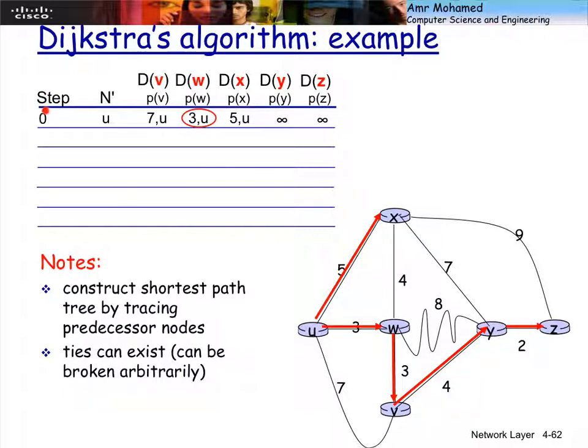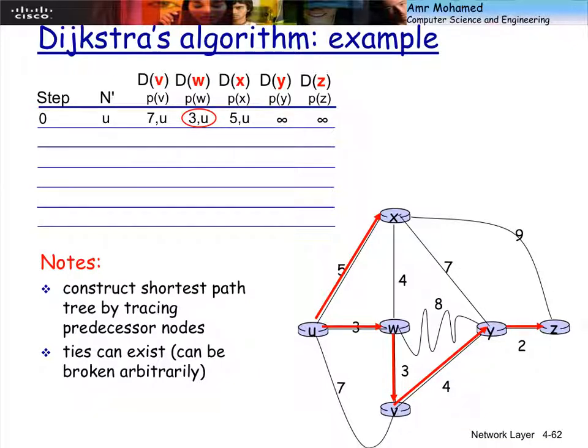So the way we do that is, at first step, as we said, for each node we always have D(V) and P(V). D(V) is the path cost up to this node, and P(V) is the predecessor.